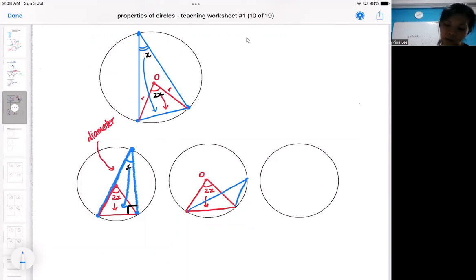So there's actually not. So this guy is still sitting on the circumference. This guy is still sitting on the center. So this should be an X. So this one is the one that's easily misunderstood as angle in the same segment.